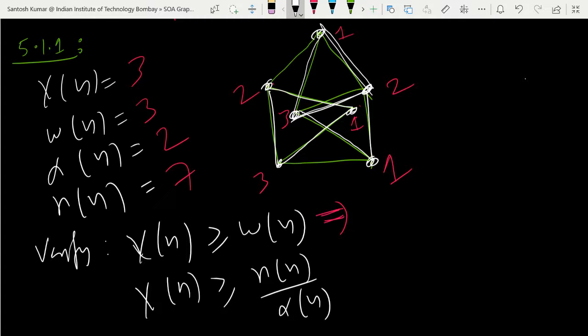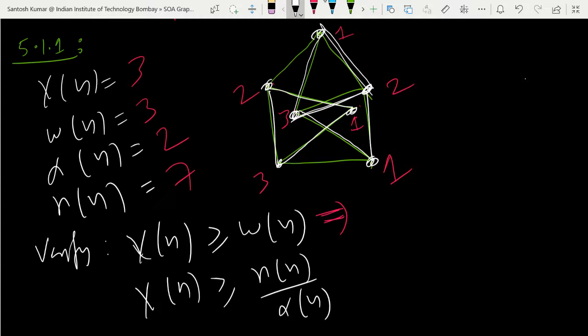Let me check if I have made a mistake. Is it correct now? Yes, for this it is actually 3.